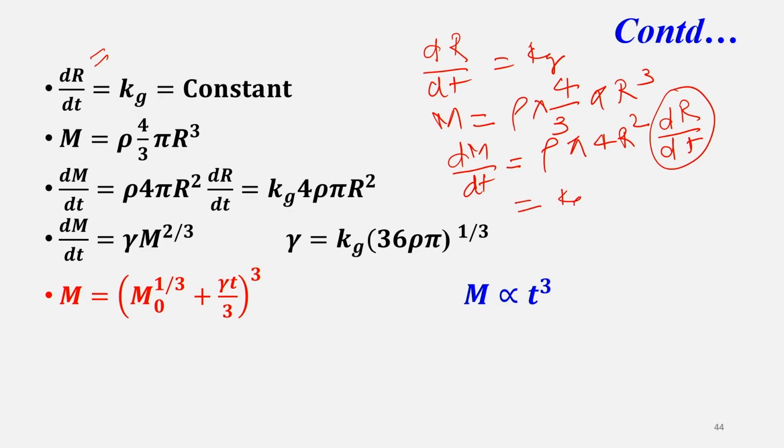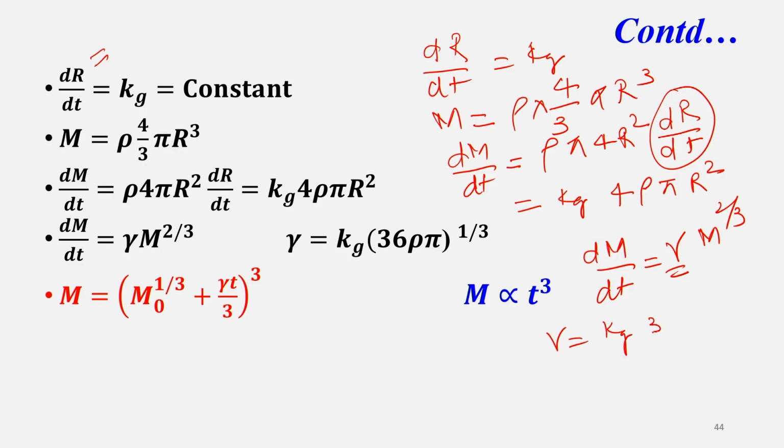So, this becomes kg into 4 pi rho r square. This can be further simplified in terms of dm upon dt equals gamma, another constant, m to the power 2 by 3, where gamma is kg into 36 rho pi to the power 1 by 3.